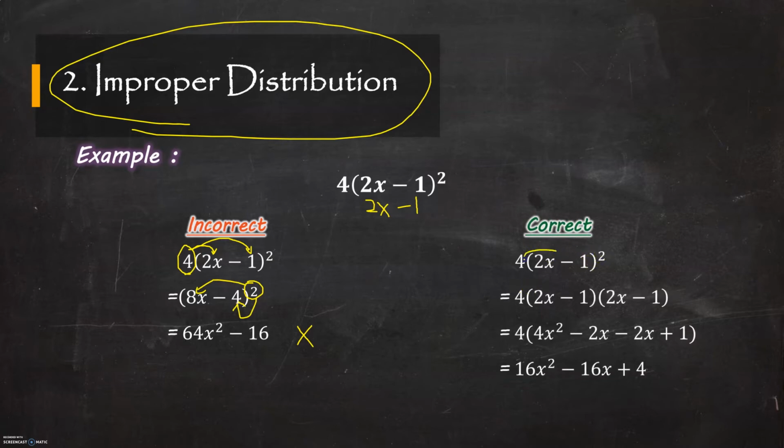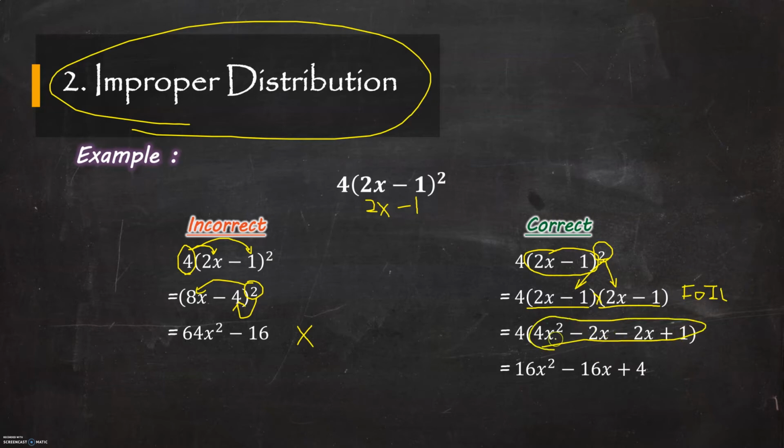So again, we check everything inside the parentheses. There's nothing that we can simplify more. So then we check the exponent. We expand the square into two identical parentheses. And after that, we can do the multiplication, so we apply the FOIL method to get all the terms out.